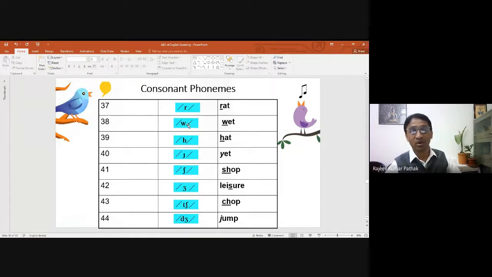W sound, as in wet, wash, or something like that. H sound, as in hat, he, his. This is very tricky. Number 40, this is called ya sound. Ya, written as jaw, but this is ya sound.